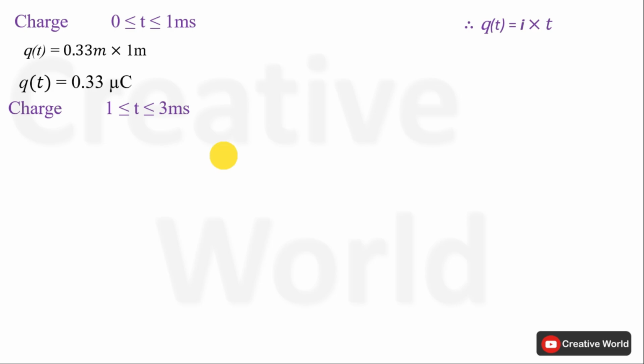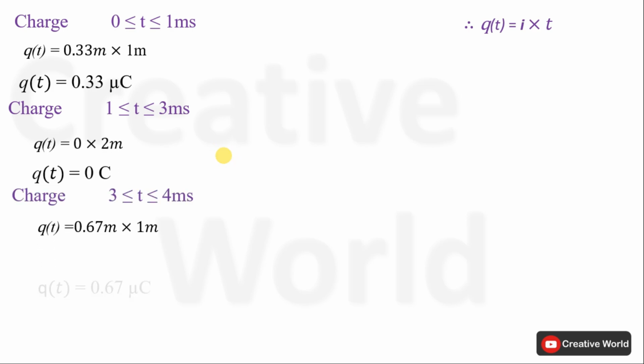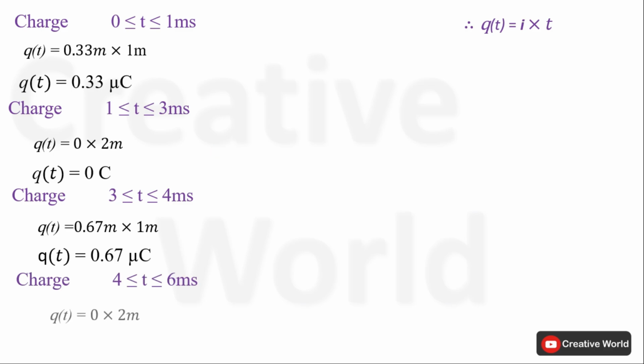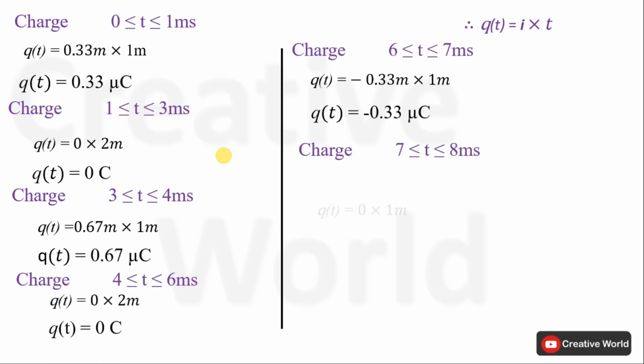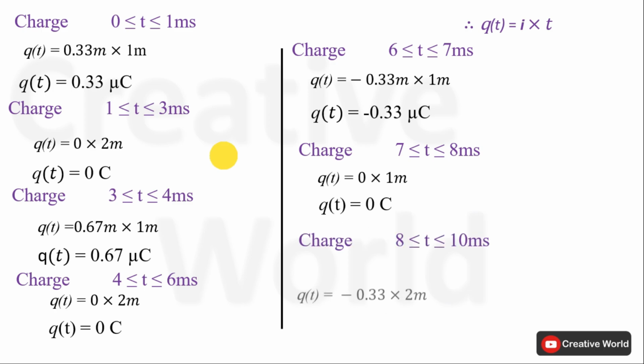Similarly, for other time intervals, the charge is calculated. You may pause the video and see the calculations.